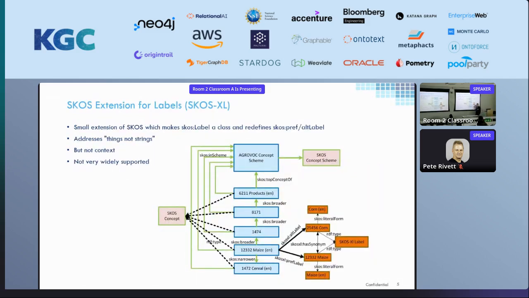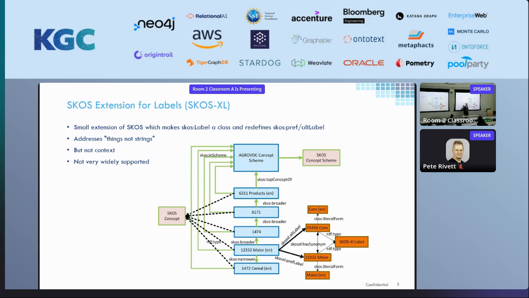There's actually a very simple extension for SKOS called SKOS XL, the SKOS extension for labels. This makes the label a class rather than a string, so it's one step further than the pure string approach. There's some clever redefinition which I won't go into. We effectively redefine the SKOS pref and alt label properties to make use of this.